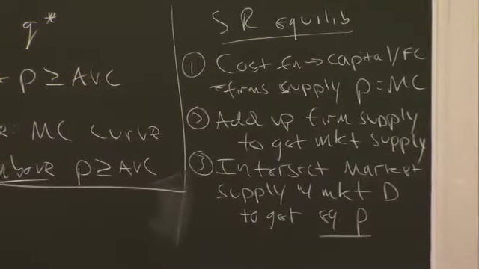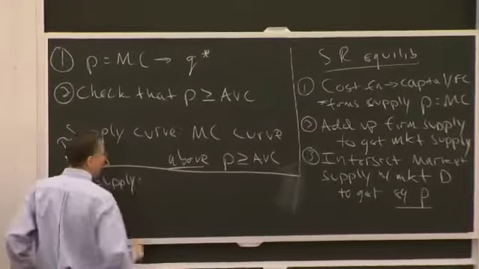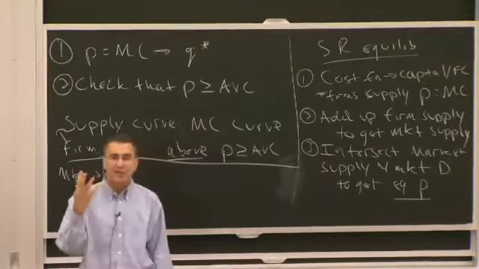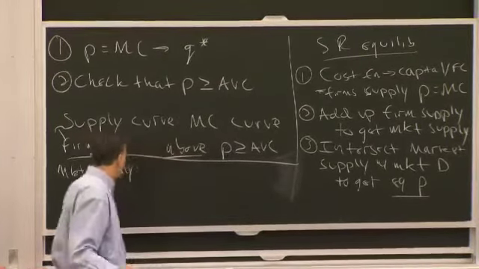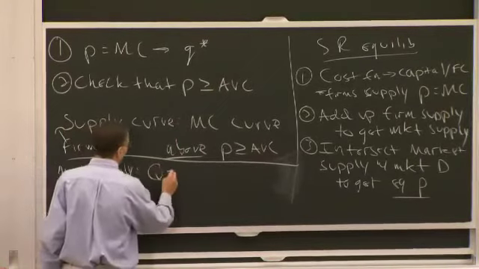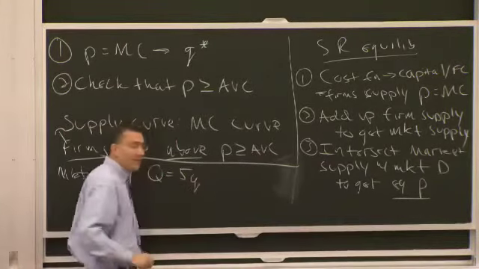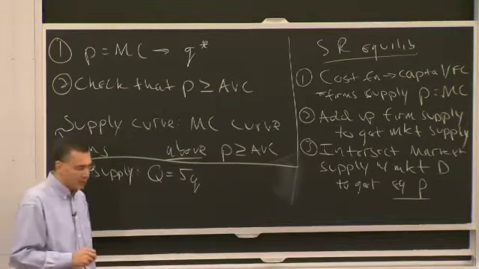market supply is what? Let's say, for example, there's 5 firms in the market. Just to make an example, let's say 5 firms have entered. Well, the total market supply Q is 5 of the little q's, because there's 5 identical firms in the market.